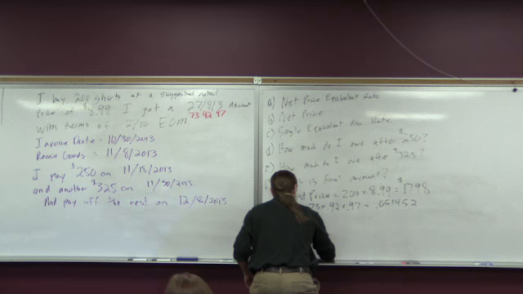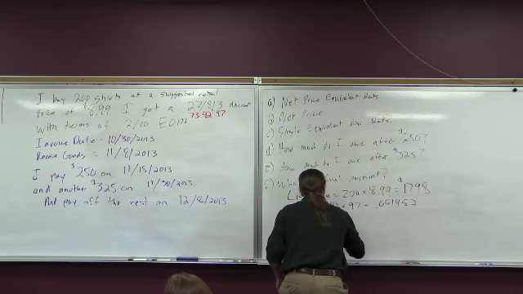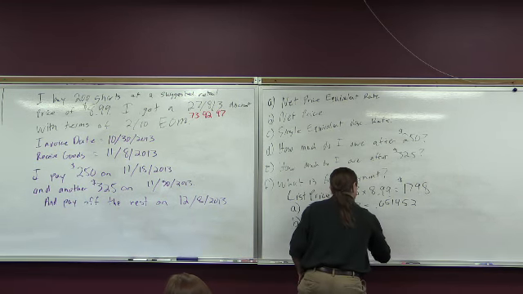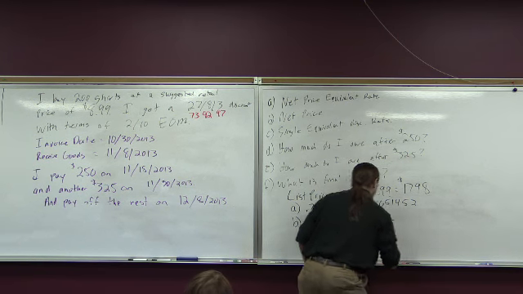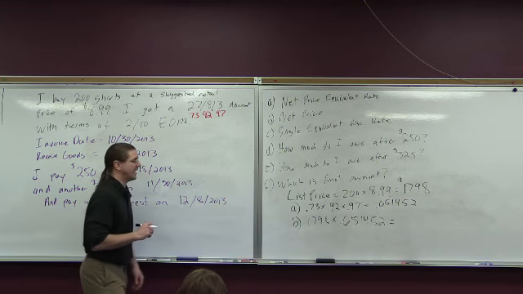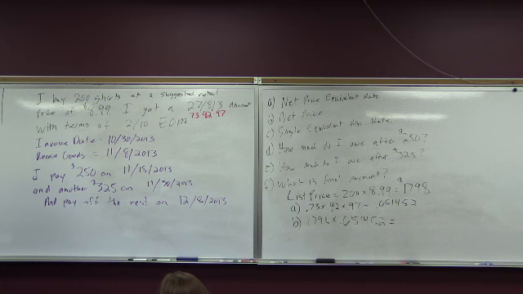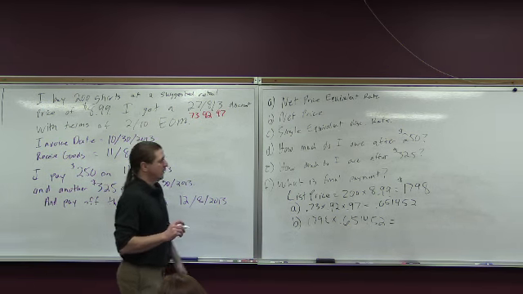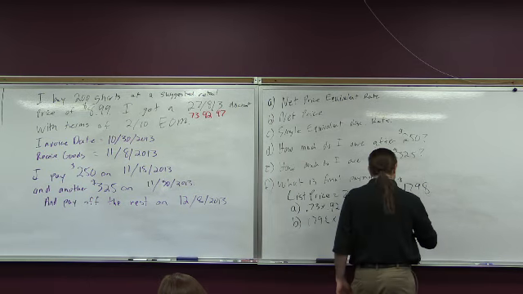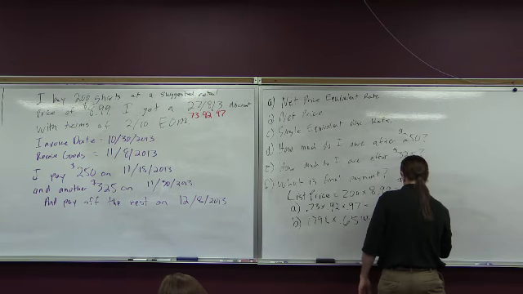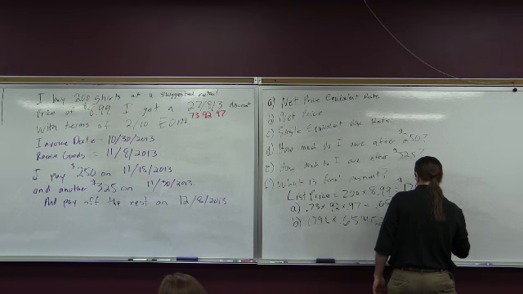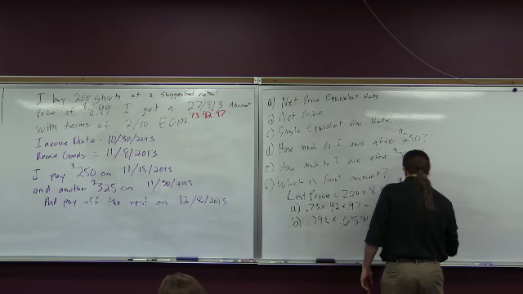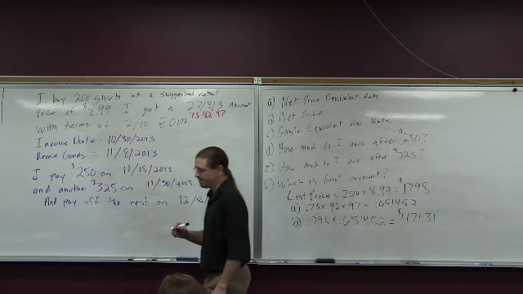Use that number. 1798 times 0.651452. Again, not losing any of the numbers. And this is where you will round to the nearest penny. What's my net price? $1171.31. Sounds about right.